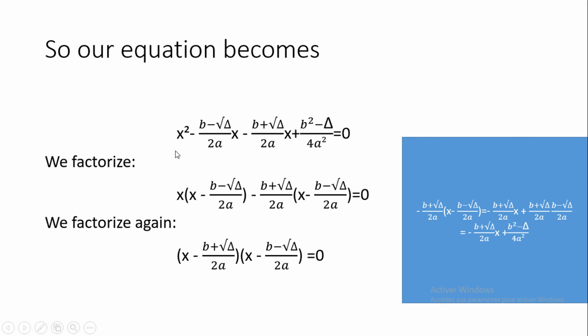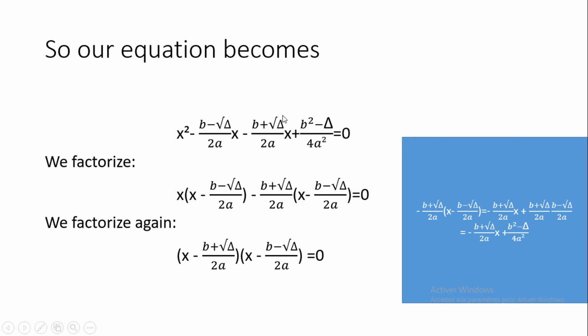So we factorize here by x in these two terms. If we factorize here by x, we're going to get x, and we factorize by x here, we're going to get minus b minus the square root of delta over 2a.